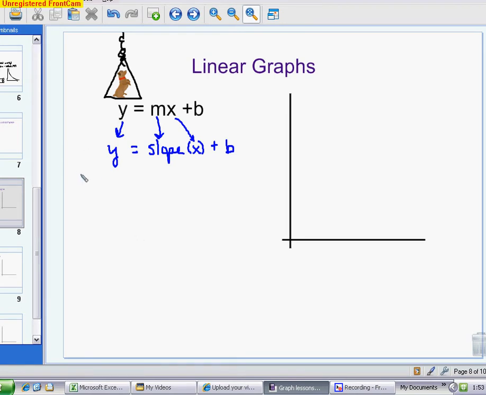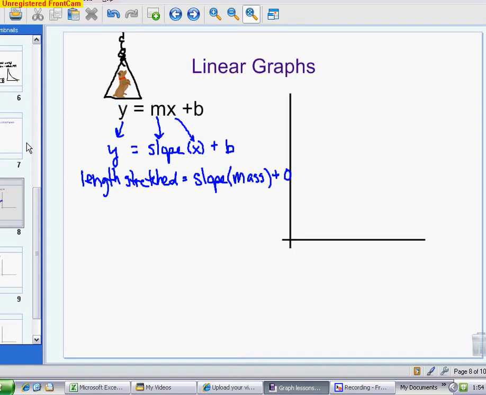So here, this was the amount that the spring stretched. So we'll call this length stretched, equals the slope times the mass. That's what was on our x-axis. And then our y-intercept was 0, so plus 0.